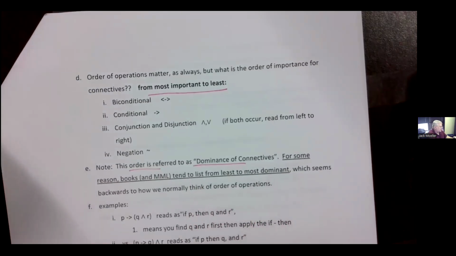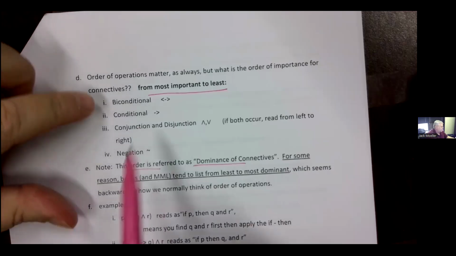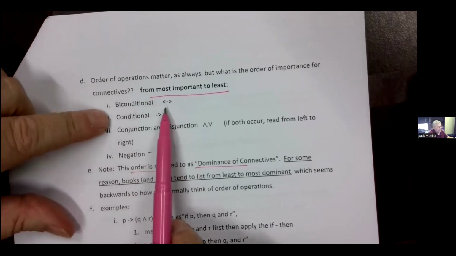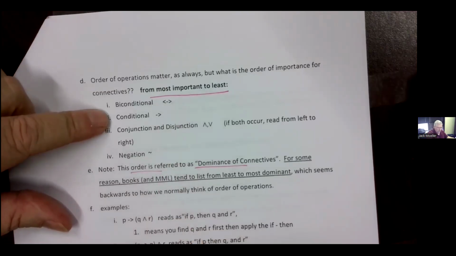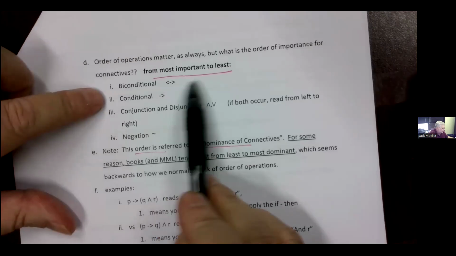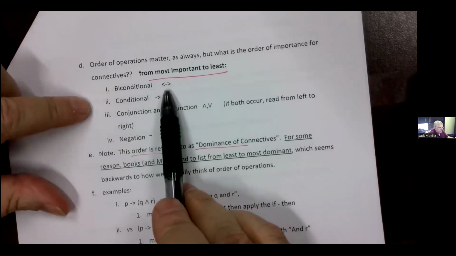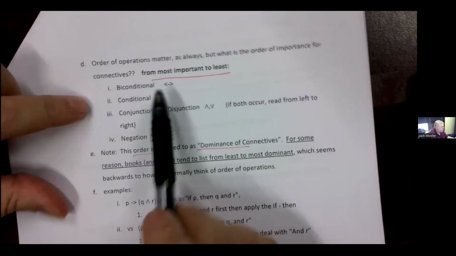All right. So when you're looking at your connectives, by far the strongest, the most important, the most dominant is the biconditional. That means if you have two symbols, like a biconditional and another connective, and there's no parentheses, the biconditional is the important one.